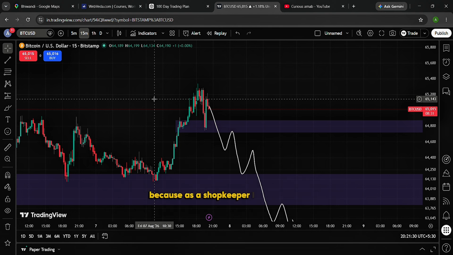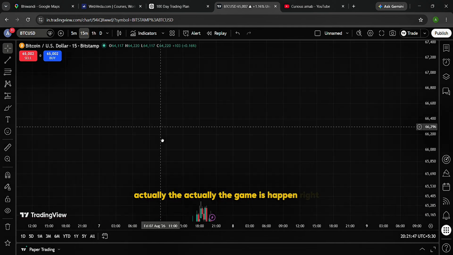As a shopkeeper, I want to sell, and if I buy things at a lower price, that will be my profit. So that is how the demand and supply game happens, right?